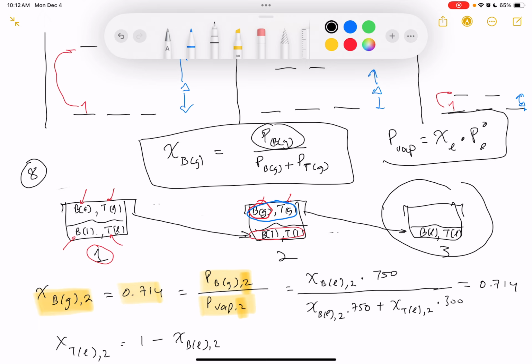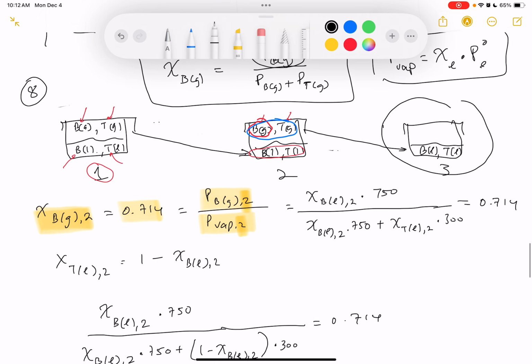Okay, that's just Raoult's law, right? So if I want to calculate the partial pressure of benzene in container number 2, what I need is the mole fraction of benzene liquid in container number 2 times the pure vapor pressure of benzene, which is 750. And that's what I have there in the numerator.